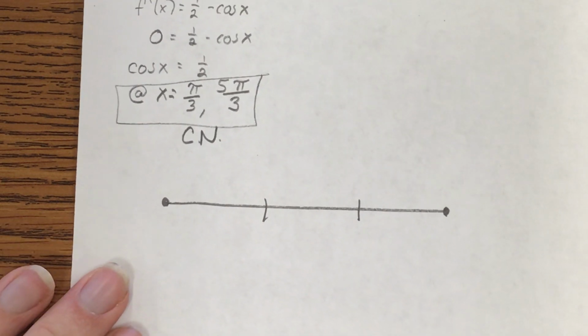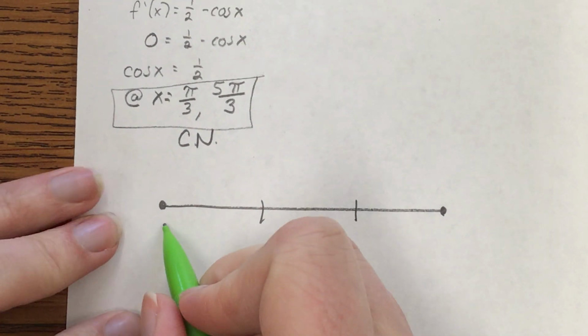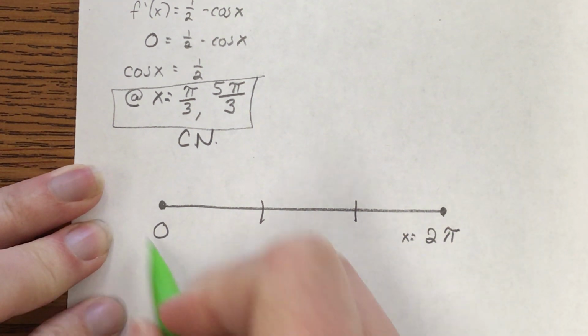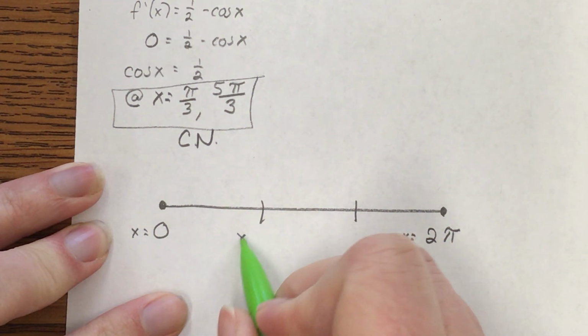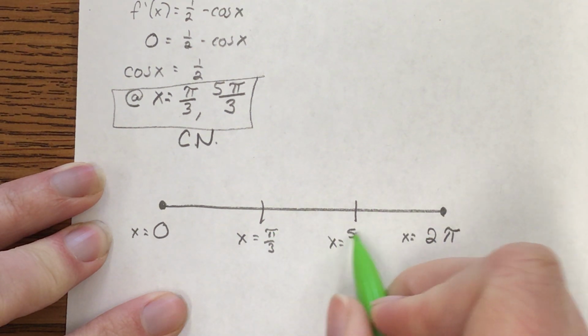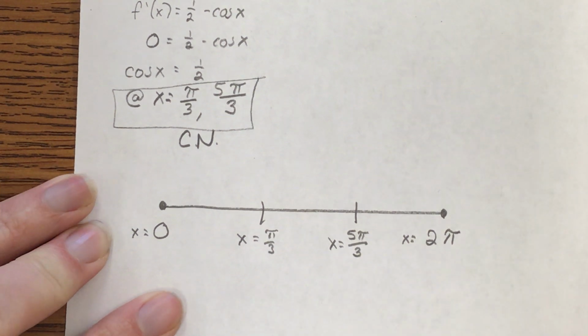This time on our sign chart, we do not have arrows, and that's because we have endpoints at 0 and 2 pi. These are x values. We also have x values pi over 3 and 5 pi over 3.